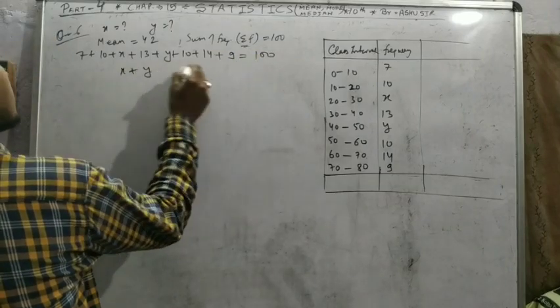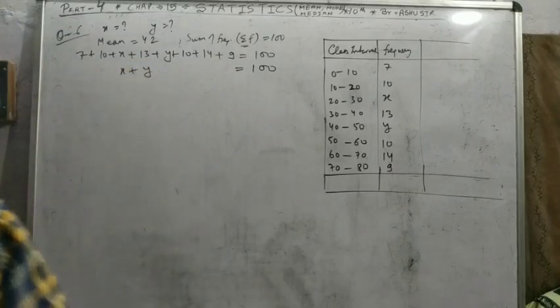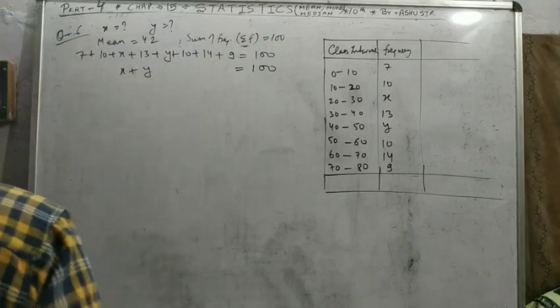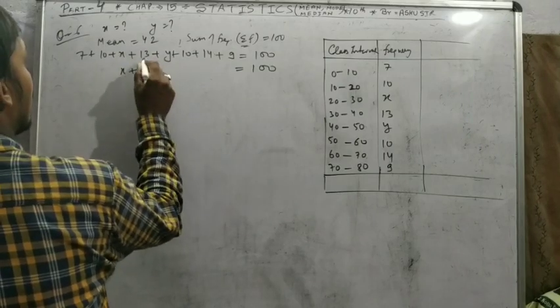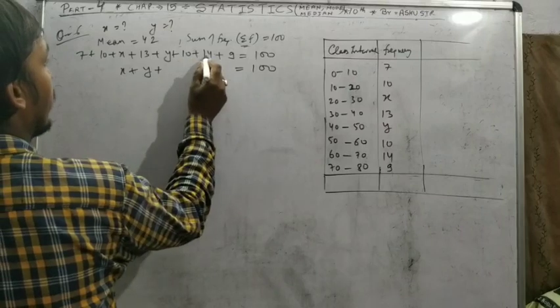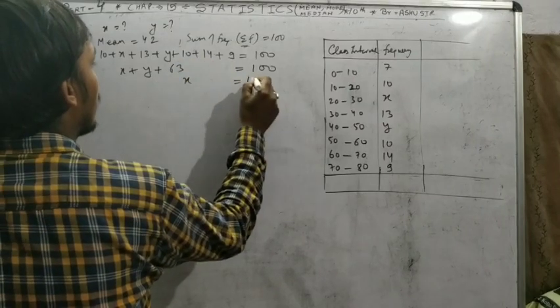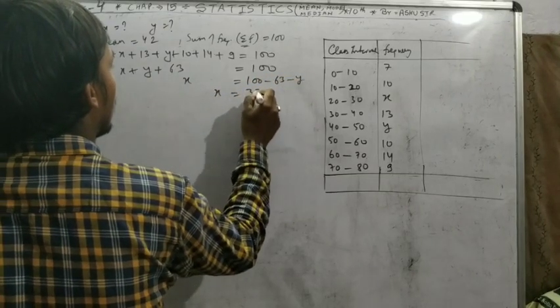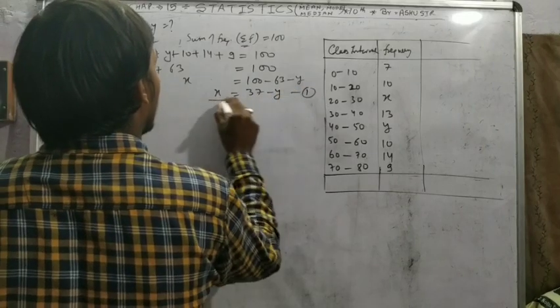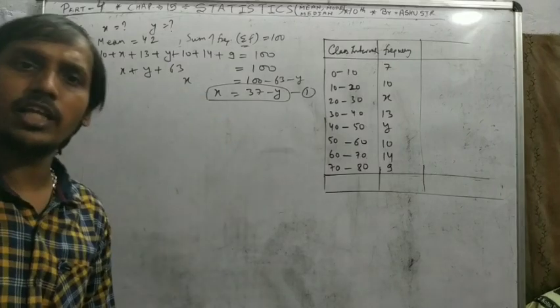So x plus y is equal to 63 when we add all the things. So x is equal to 37 minus y. It's the first equation.